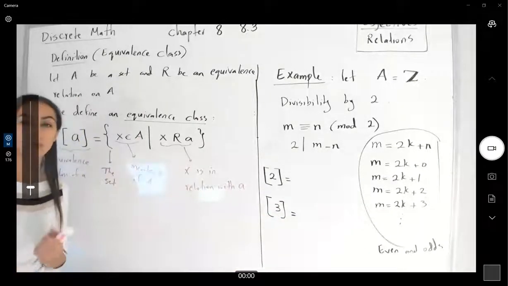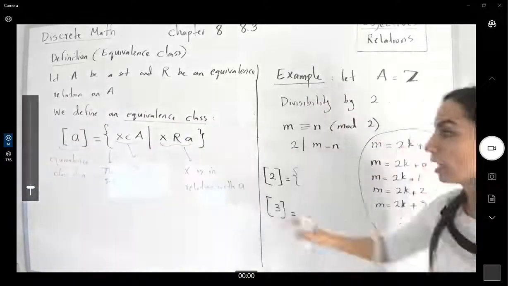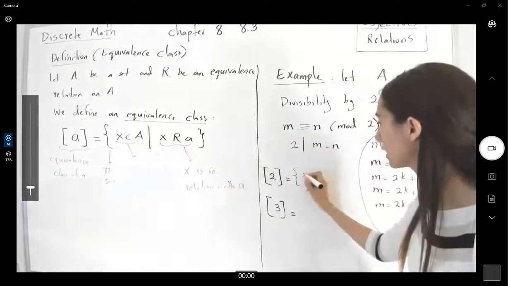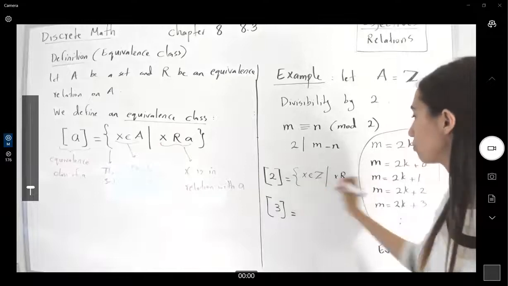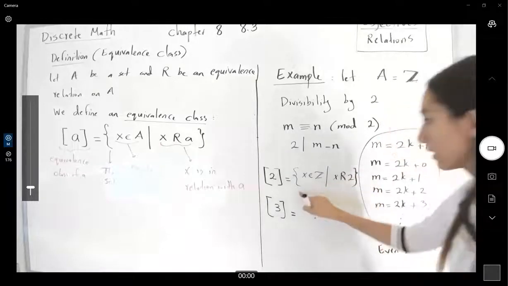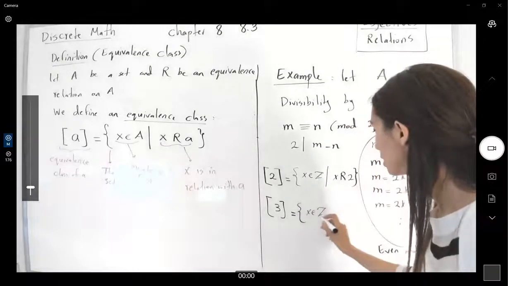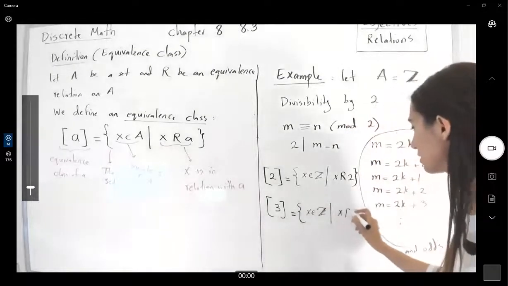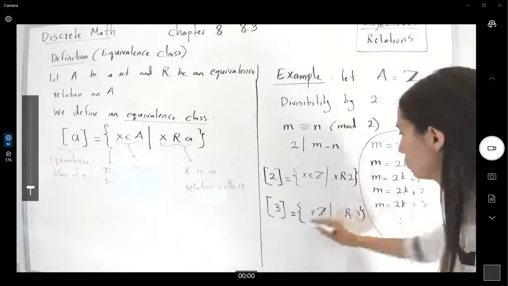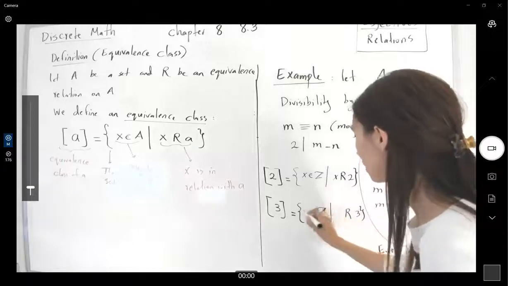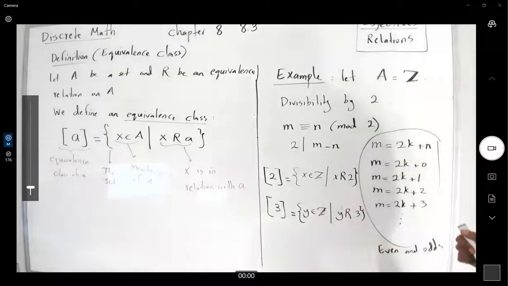The equivalence class of 2 is the collection of all elements x in Z such that x is in relation with 2. And the equivalence class of 3 is going to be the set of all x values in Z such that x is in relation with 3. You can use a different letter, it doesn't matter. You can use y if you want to avoid any confusion. Very well, okay.